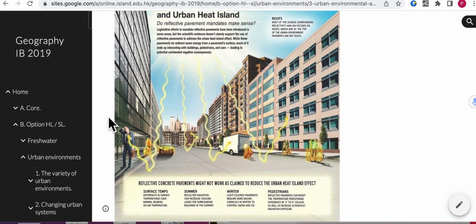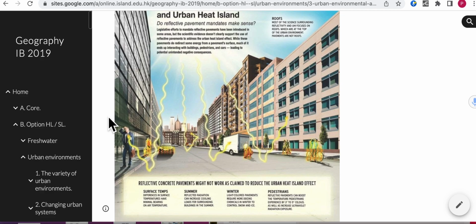So there's this whole question about reflective surfaces. Are they a good thing or are they a bad thing? Now initially you might think it might be a good idea to make sidewalks, pavements and roads a lighter colour, make them highly reflective. It sounds counterintuitive, but you should not do that, because you can see here that if you have that highly reflective surface, at the sidewalk level or the street level, that energy is reflected straight back up.